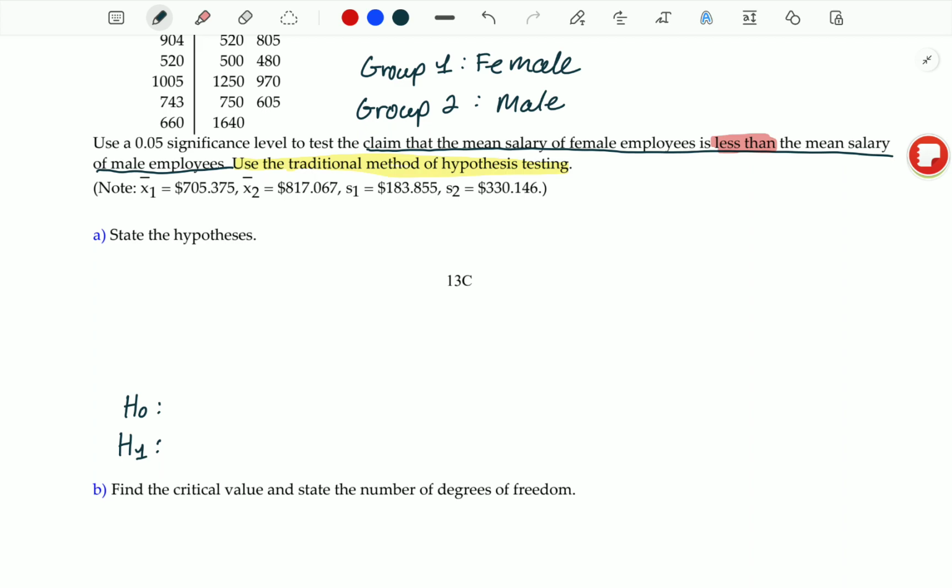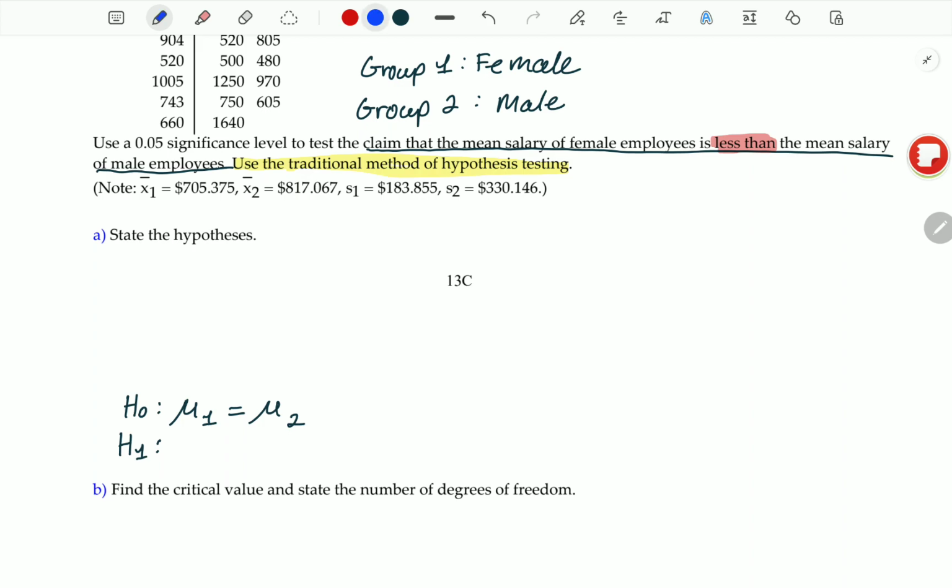Not having a difference is the same thing as saying that the means of the groups are equal. So mu1, the overall average for female salaries, is equal to mu2, the overall average for male salaries. That is the null hypothesis.